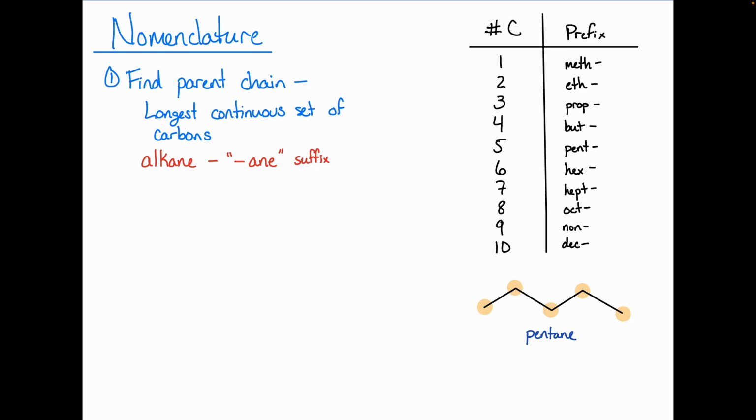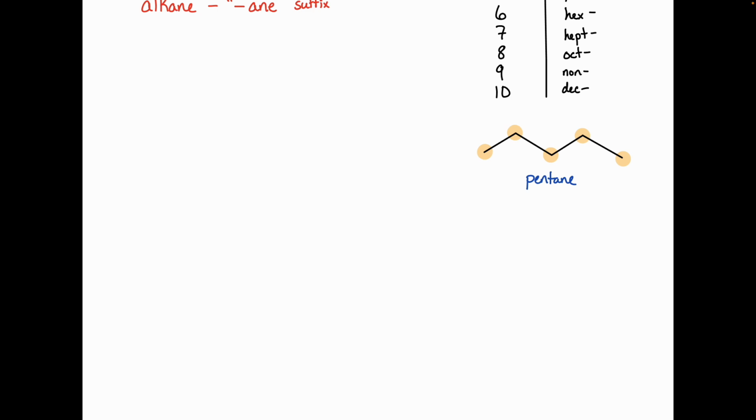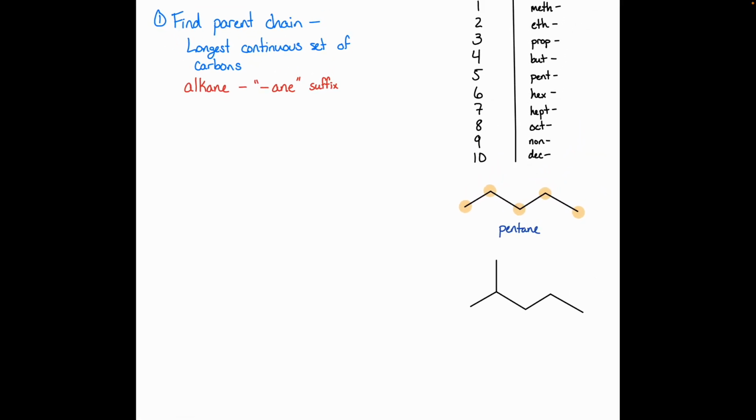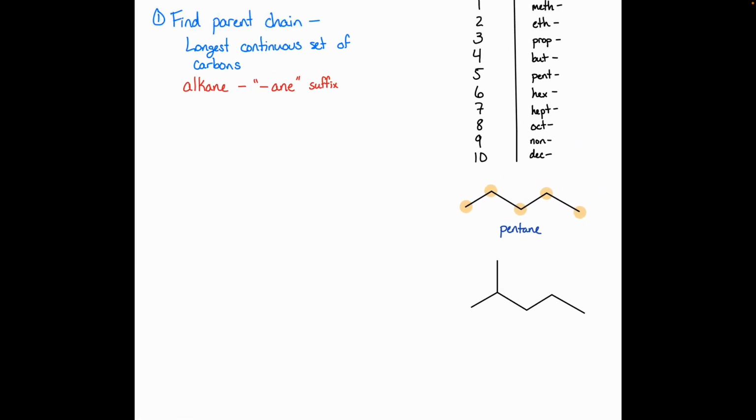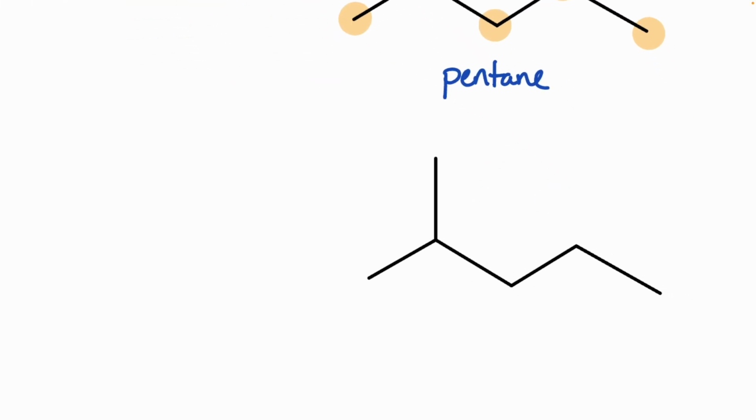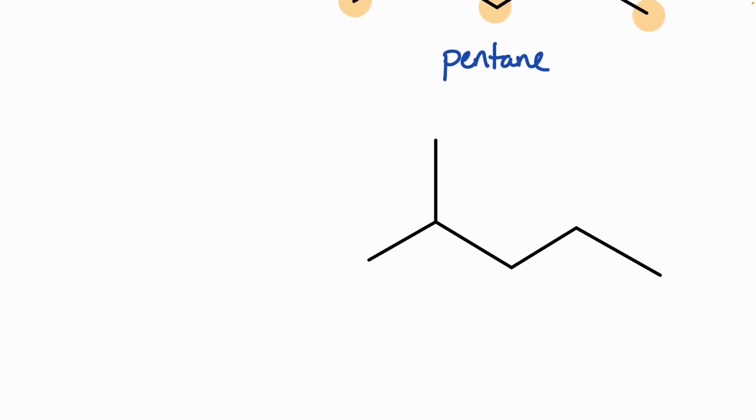All right, so let's move on to another example here. And now we're going to throw in a branch point. Let's do this one. All right, again, always going to have that same first step. So everybody take a second, find my parent chain for this molecule.